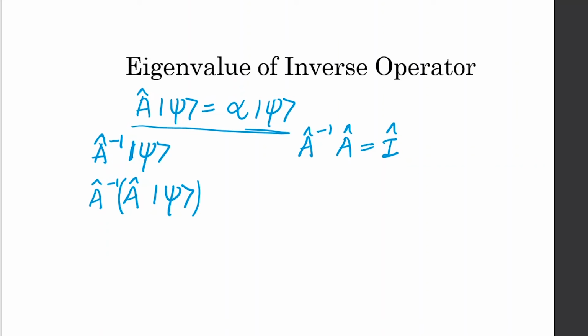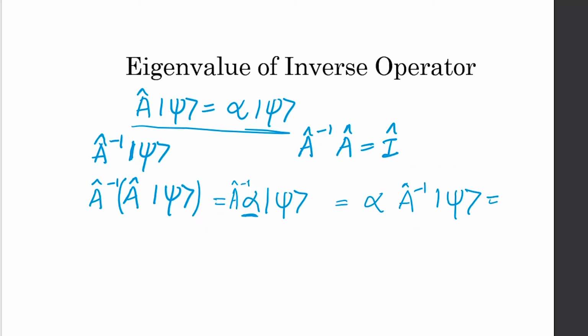We know that A on psi gives alpha psi, and then A inverse acts. We can take out this constant outside: alpha times A inverse operator acting on psi.